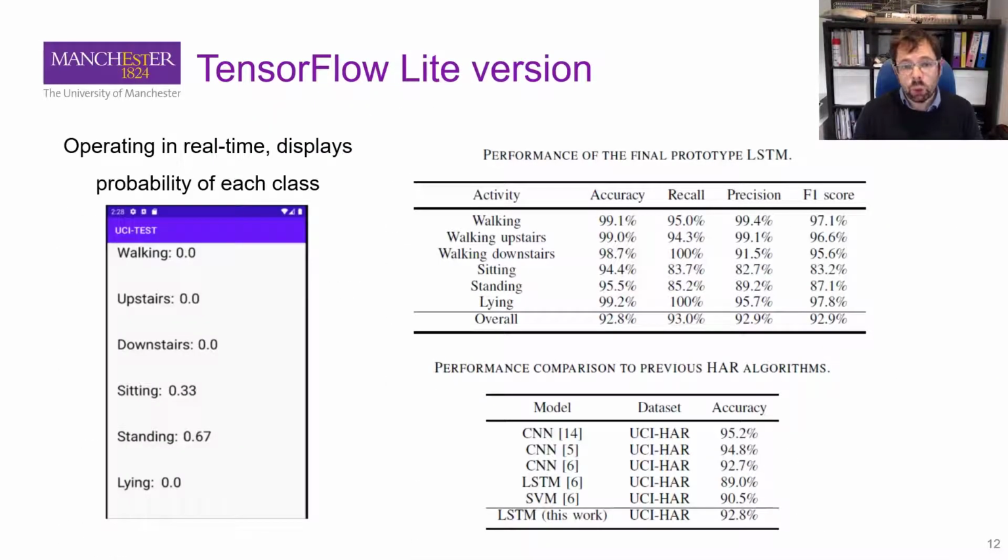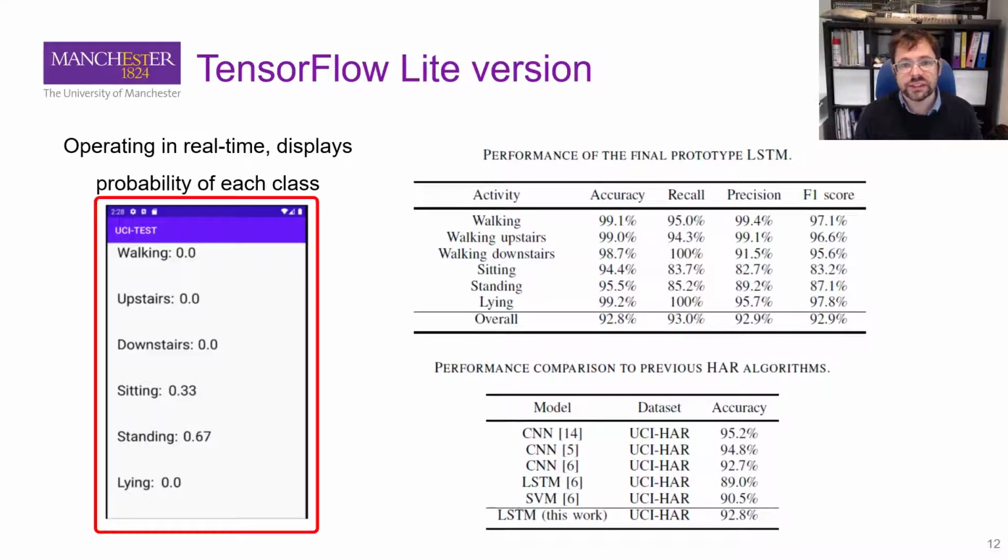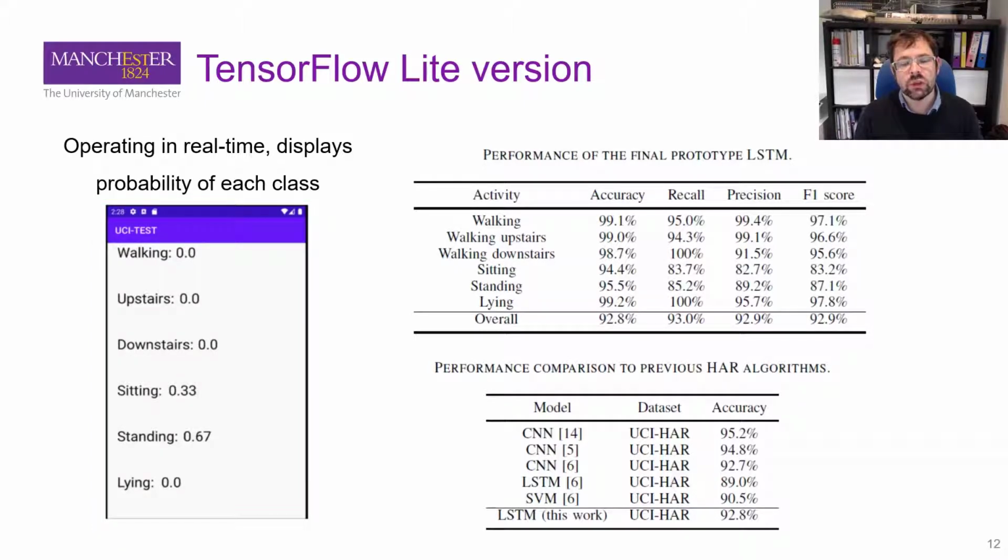And then we ported that TensorFlow network to TensorFlow Lite and put an app wrapper around it, and you can see a screenshot from that on the left here. That version is operating in real time in the smartphone emulator in Android Studio in this case.